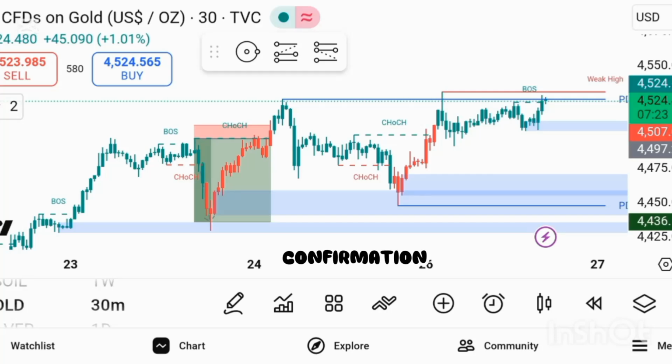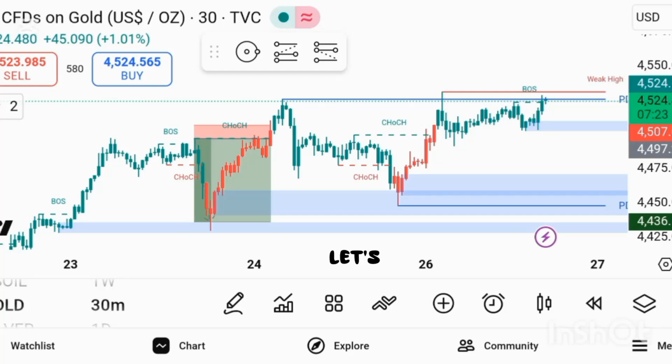We wait for confirmation. This confirmation can be a strong bullish candle or a clear change of character. On a lower time frame, once confirmation appears, the ideal buy entry is around 4,465. The stop loss is placed safely below the demand zone, around 4,448.